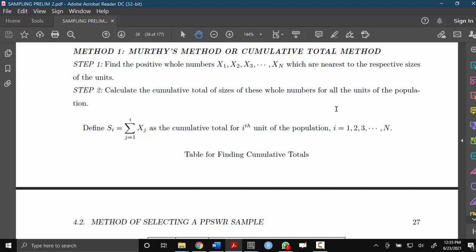In the second step, I have to calculate the cumulative totals, just like cumulative frequency. For the first unit, the size is X1, so the cumulative total S1 equals X1 itself.